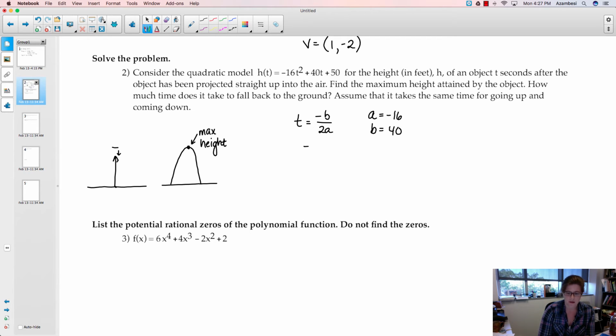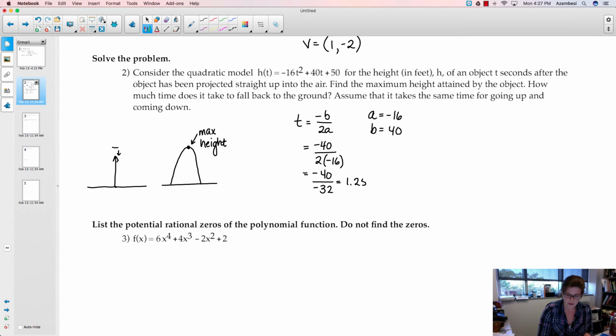So if my t is -b over 2a, and here a equals -16, b is equal to 40. So the amount of time it takes to get to that maximum height would be -40 over 2 times -16, or -40 over -32. Let me see what we get for a decimal: 40 divided by 32, 1.25 or 5 over 4.